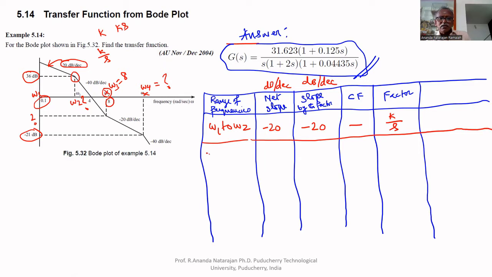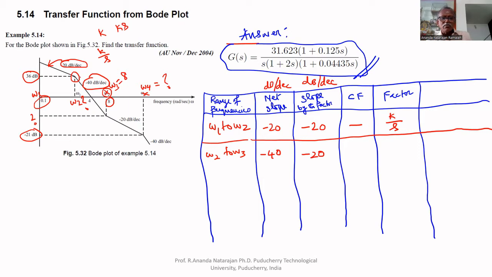The next one is omega 2 to omega 3. Here the net slope is minus 40 dB. Earlier it was minus 20, now it becomes minus 40, which means the slope given by the factor is minus 20.